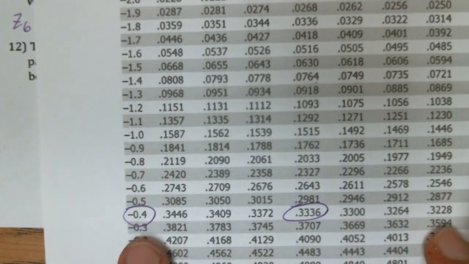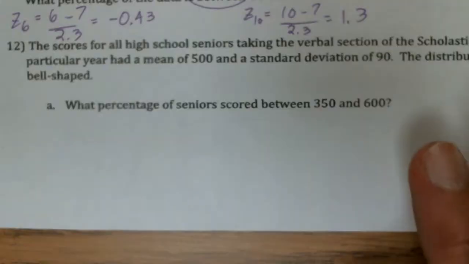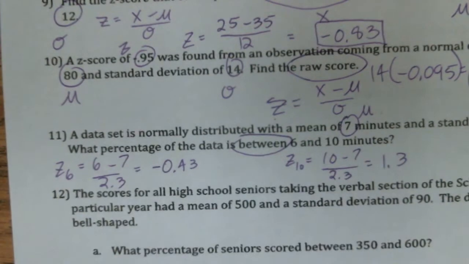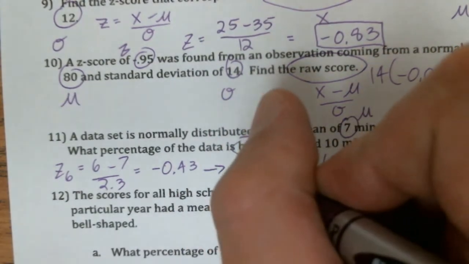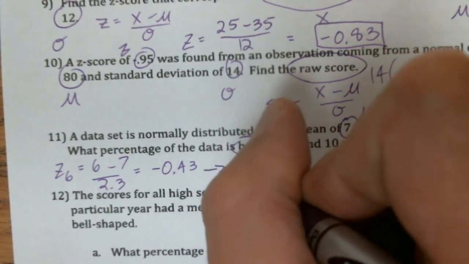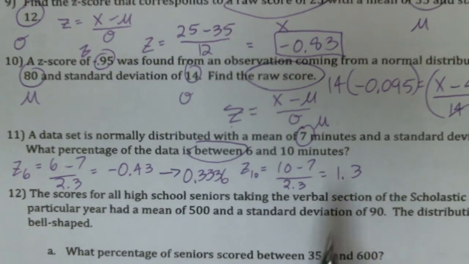So a z-score of negative 0.43 corresponds to a percentage of 33.36%.